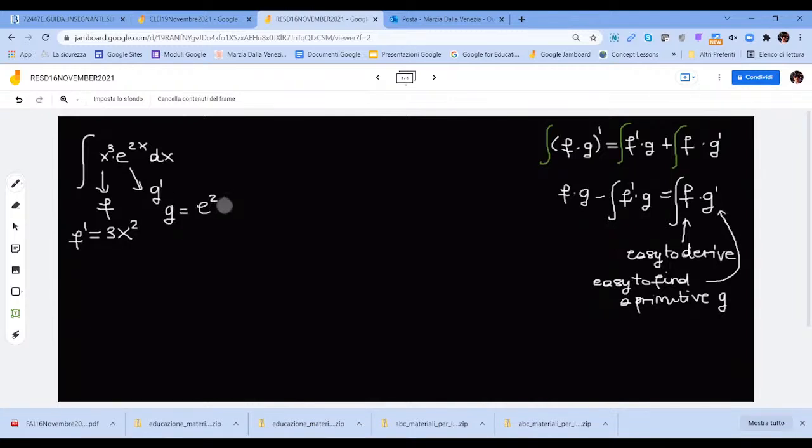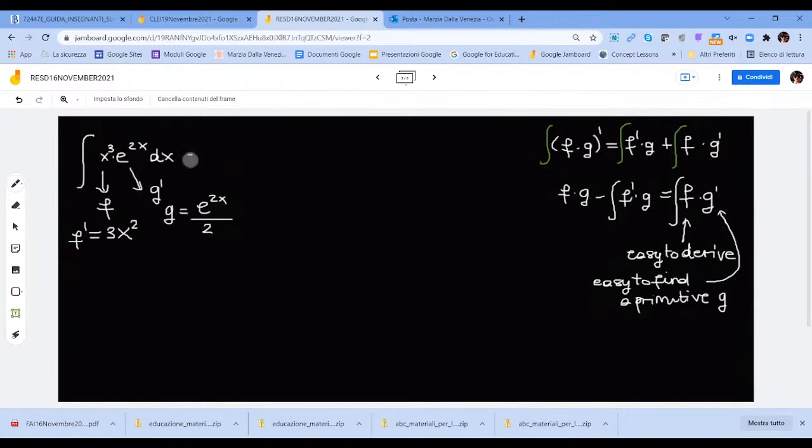Because of the computation before, g is e to the 2x divided by 2, because if we derive g, we obtain 2 times e to the 2x divided by 2, and then e to the 2x, the original term inside the integral. Let me know if it is difficult, but I know that you have already seen this kind of computation. It should be okay.